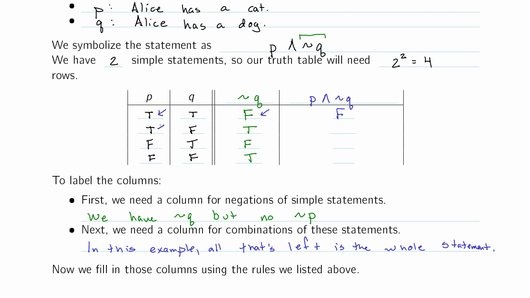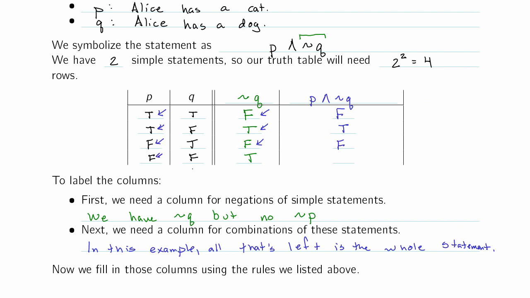Here, P is true, not Q is true. Those are both true, so the result is true. Here, P is false, not Q is false. Those are not both true, so the result of and is false.